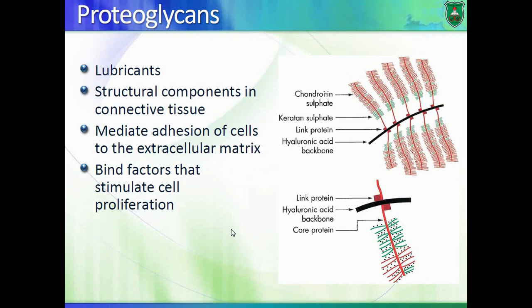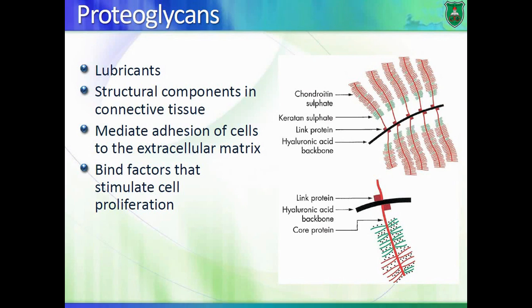Their main action, again, is to lubricate through their GAG component or sugar component. They also are essential for adhesion and interaction between cells, and they also can bind and interact with the outer environment surrounding cells and stimulate cellular proliferation. So again, this is, for example, the chondroitin sulfate, and this is keratan sulfate that associates with it.